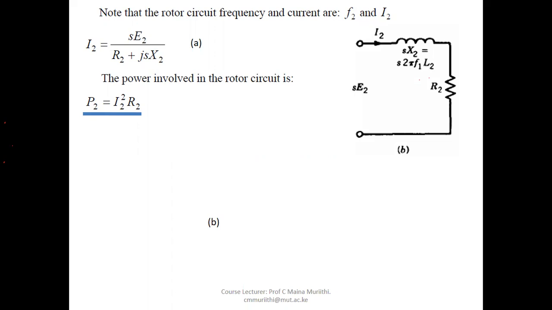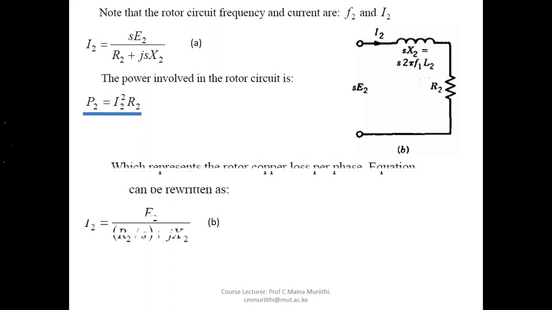However, if we do a slight manipulation by taking equation A and dividing the numerator and denominator by S, we come up with a new equation. I2 remains the same. However, because of dividing the numerator and denominator by S, we end up changing the frequency. So we are no longer at frequency F2, but we are now at supply frequency F1.